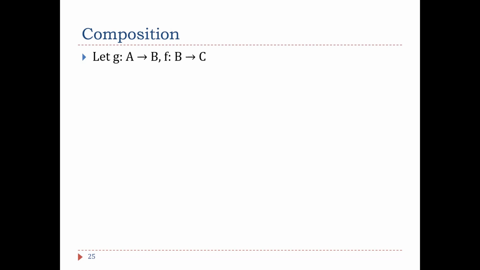Composition over two different functions is defined in case the first function goes from a certain domain A to a certain codomain B, and the second function applies to the codomain B as its domain, to the new codomain C. Okay.